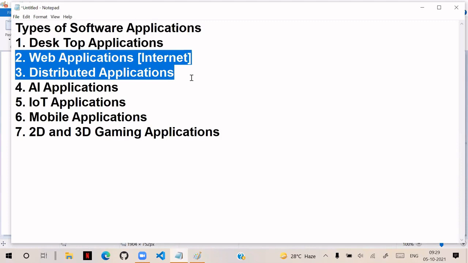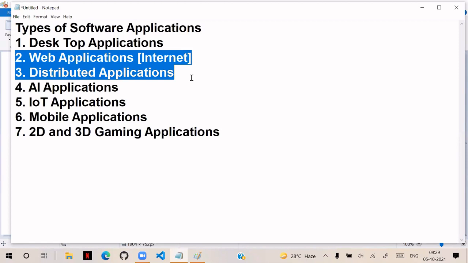By the end of our UI technologies, we are going to build two types of applications, web applications and distributed applications. We will start with web applications and we will see how to build a distributed application also. But for distributed applications, some additional frameworks are required.